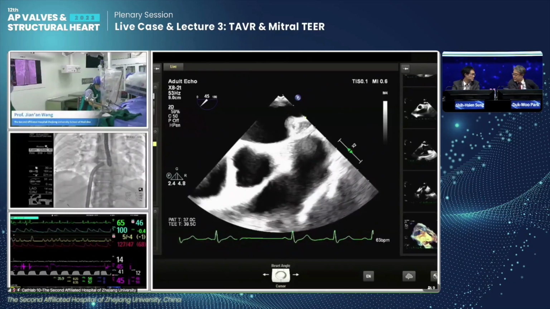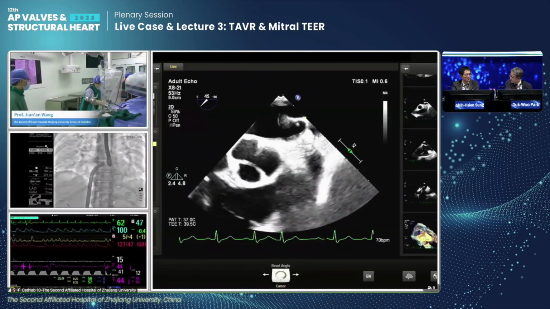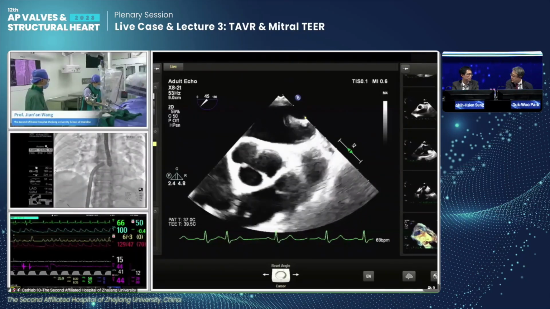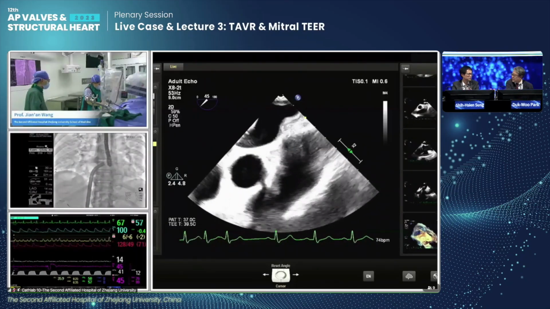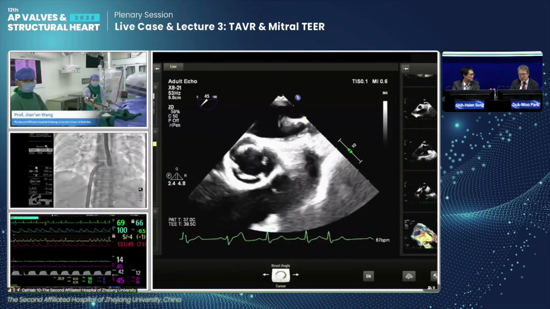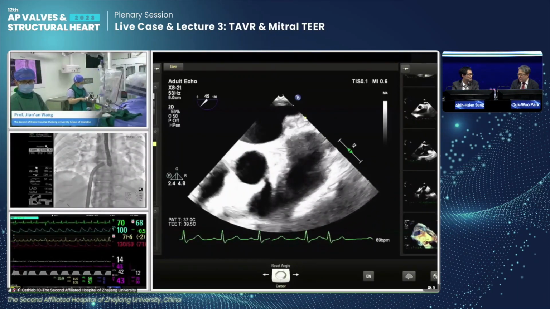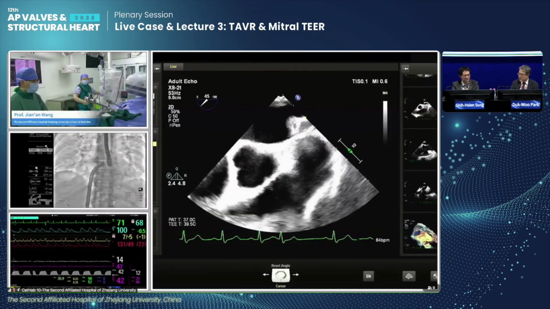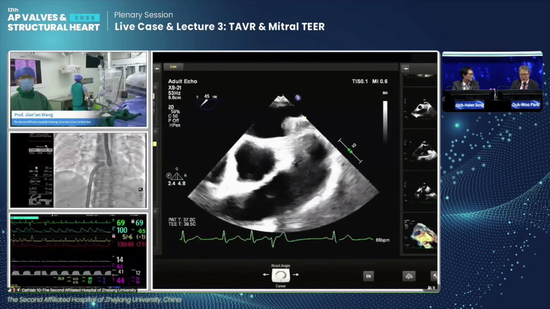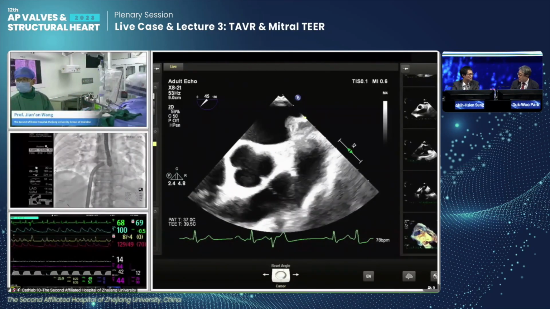First of all, just wondering, when comparing the balloon-expandable and self-expandable valves in treating patients with bicuspid valve, what would be your strategy? Some centers predominantly use the Evolut self-expandable system. In our center, we predominantly use Sapien, a balloon-expandable valve.